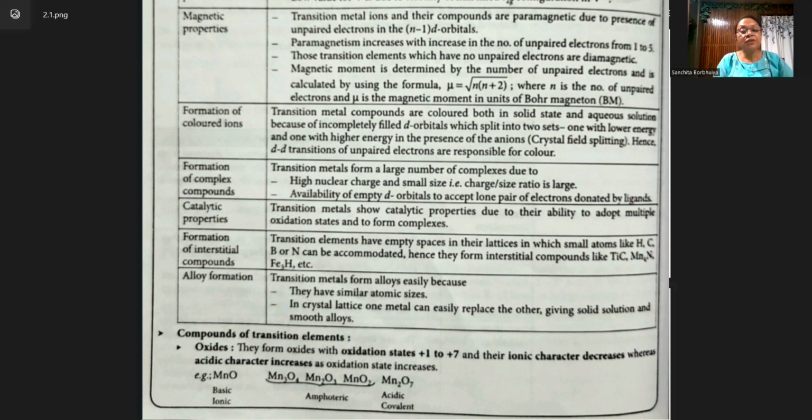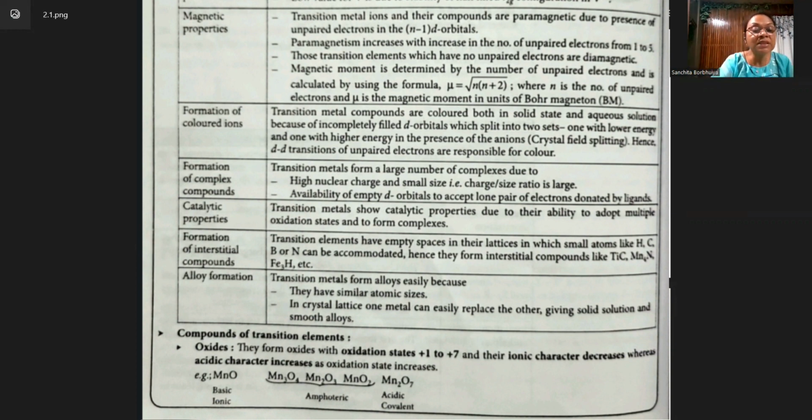Okay. Moving on to the compounds of transition metals, you know that oxidation states right from +1 to +7 are available for the transition metals. Their ionic character will decrease with the increase in the oxidation state. So acid character increases as the oxidation state increases.